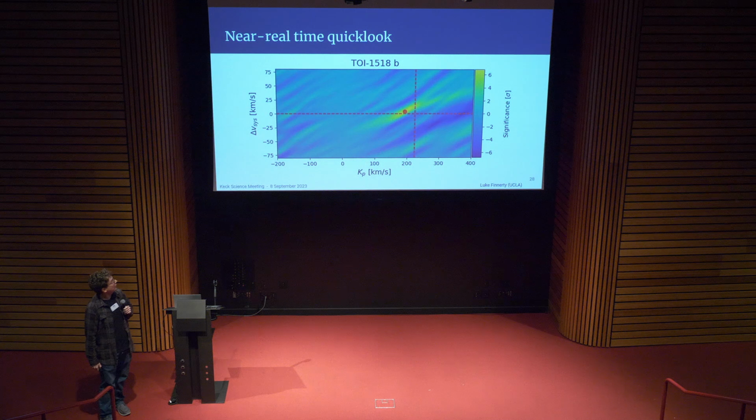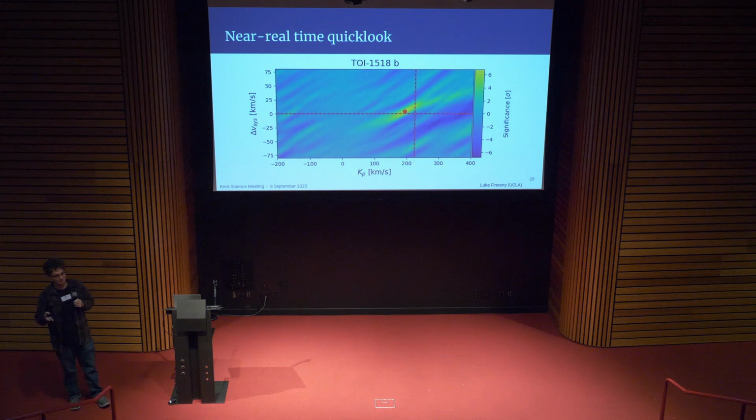And the other thing I want to highlight is our near real-time quick look capability. So this is TOI-1518b. It's an ultra-hot Jupiter, not that different from the others, but what I want to highlight is that this plot was done before Matt had finished closing the telescope at the end of the night.